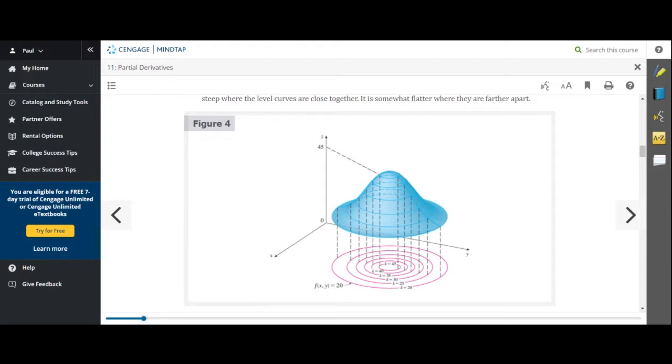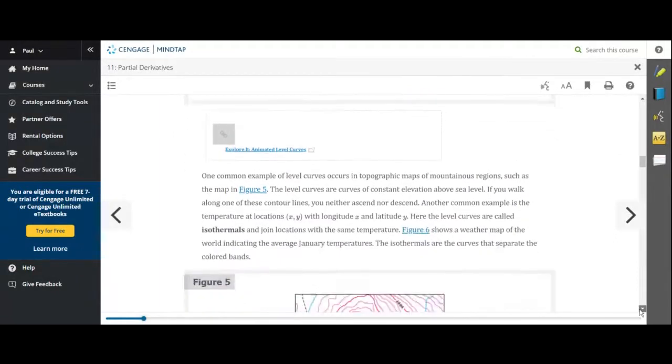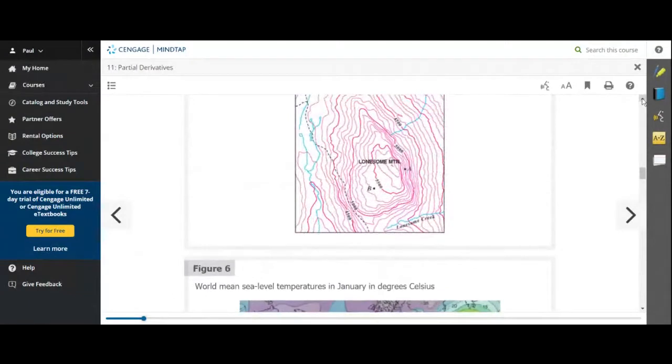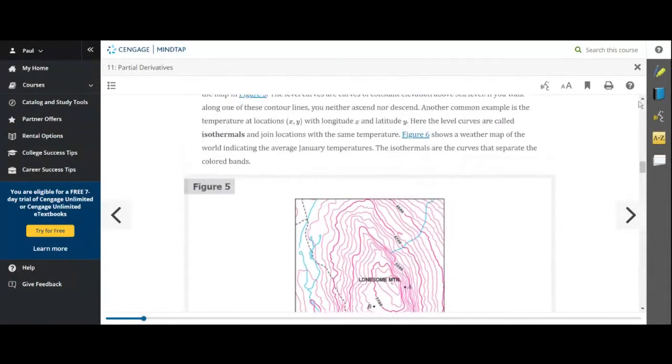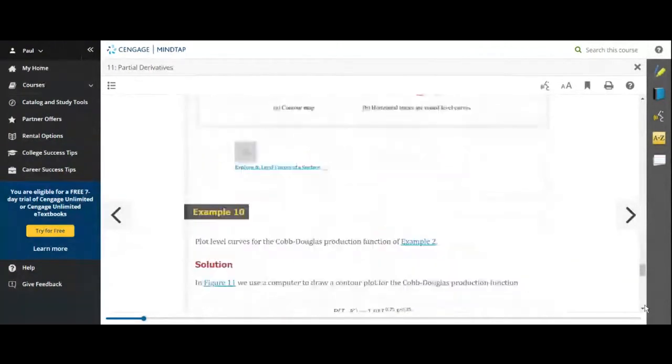So the idea is that, based on a two-dimensional contour plot in the XY plane, you can get an idea of how the surface is behaving. Is it getting steeper or shallower? That's the idea.